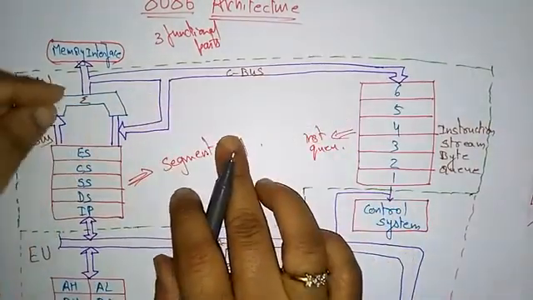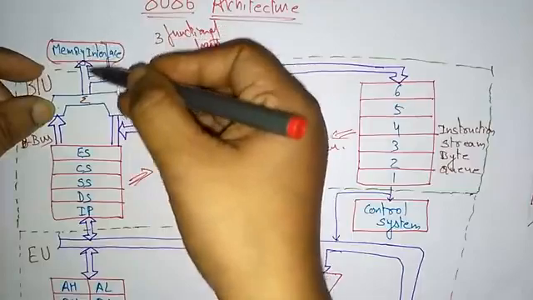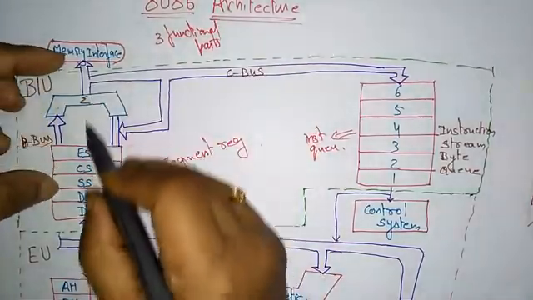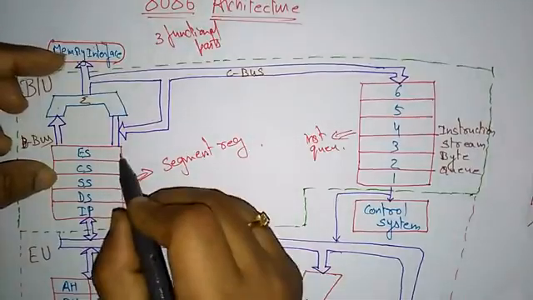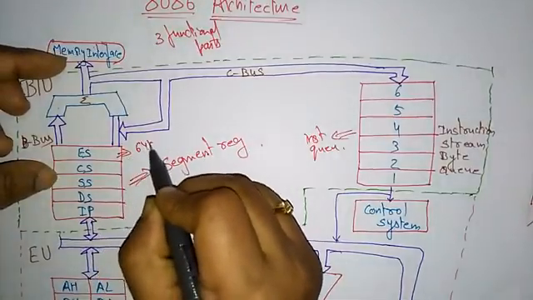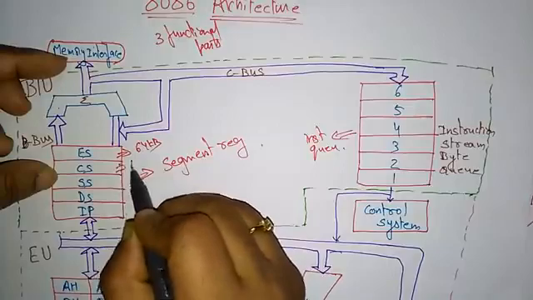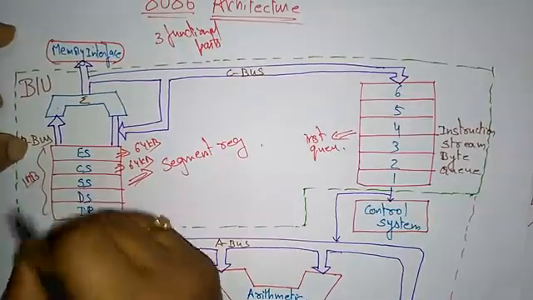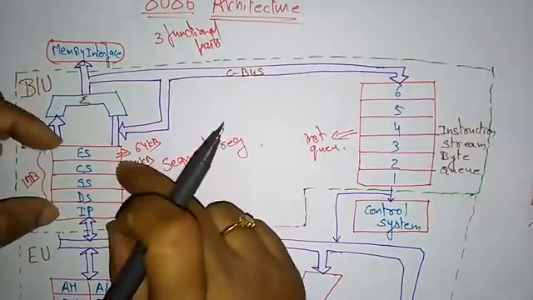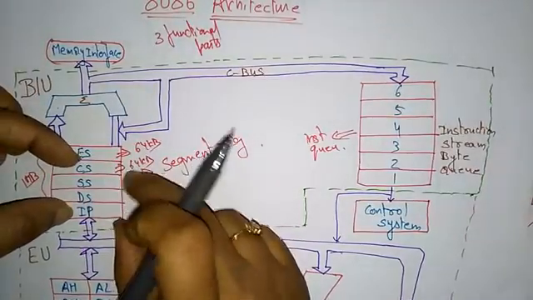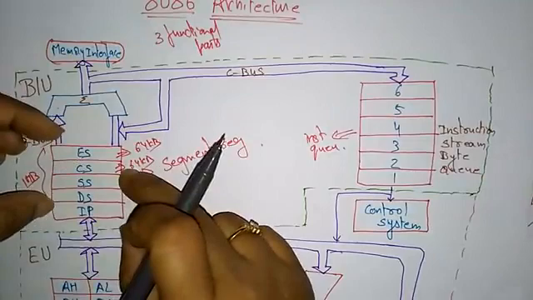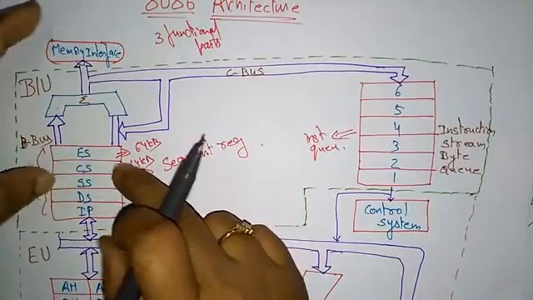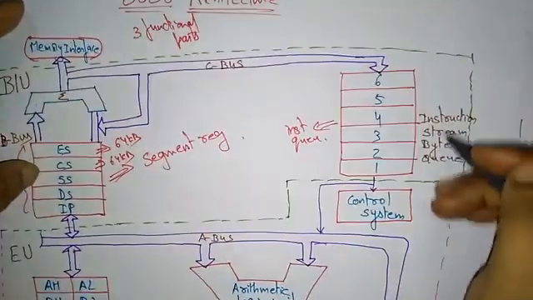The bus interface unit fetches the data from the memory interface, and that data is stored in the segment registers. Each register has 64 kilobytes of memory, so in total this is 1 megabyte. Each register is used to hold the data, whatever is to be executed and whatever is already executed. And this is an instruction stream byte queue.